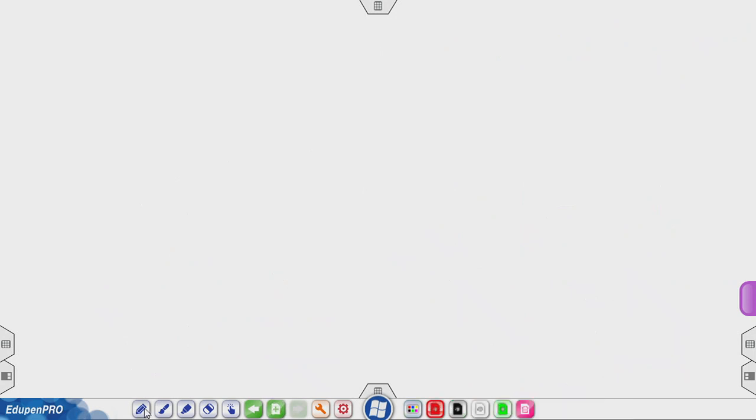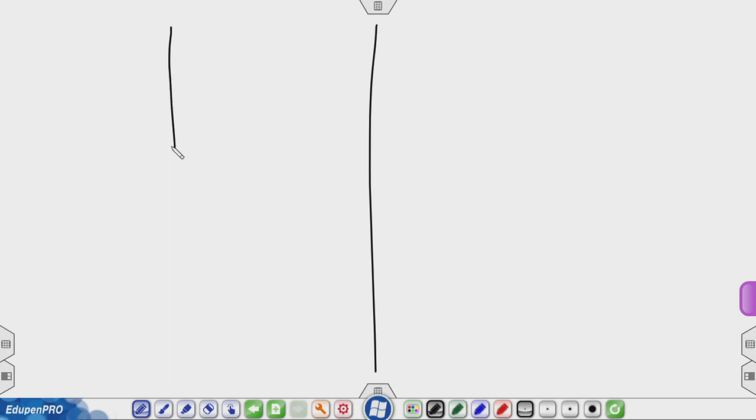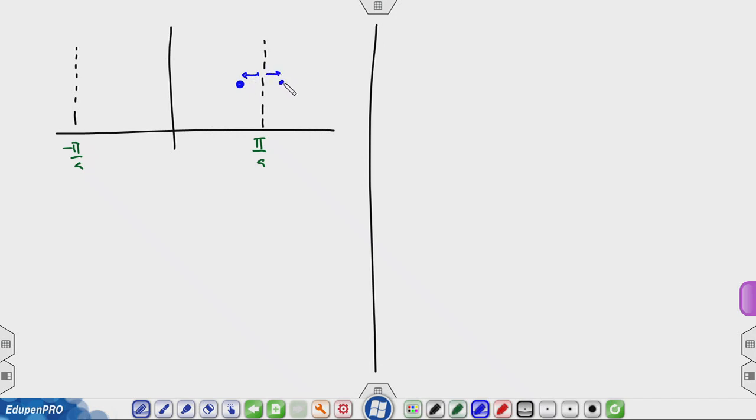So, let me say it again. I am plotting the energy curve. This is pi by a, this is minus pi by a, and I am taking a k out here, which is a distance from the Brillouin zone, and I go exactly the same distance beyond the Brillouin zone on the right side, and I want to know what the energy out here is, if I apply whatever I did just now.